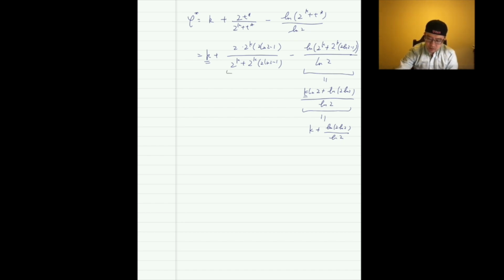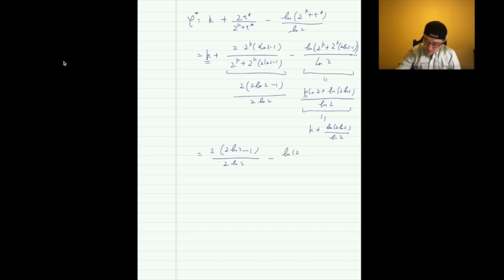And also for this guy, we can take 2 to the power of k and then cancel it, right? So for the numerator, this is what we get, and in the denominator, this is what we get, okay? And you can see that this k and this k can be cancelled. Therefore, that equals 2 ln 2 minus 1, 2 ln 2, and then minus ln 2.